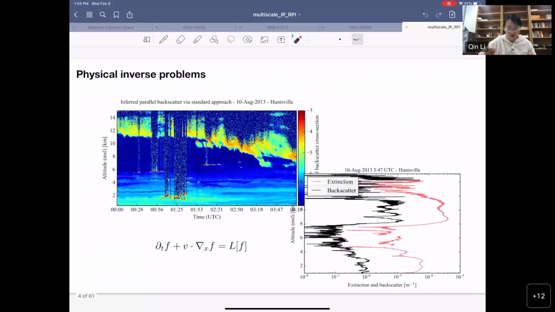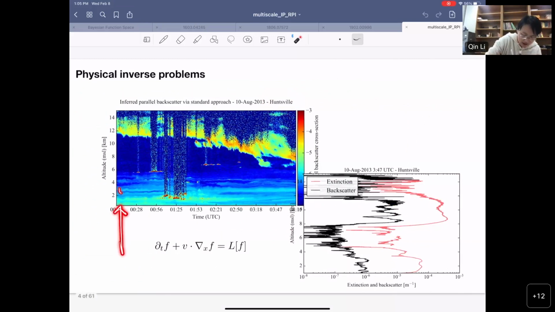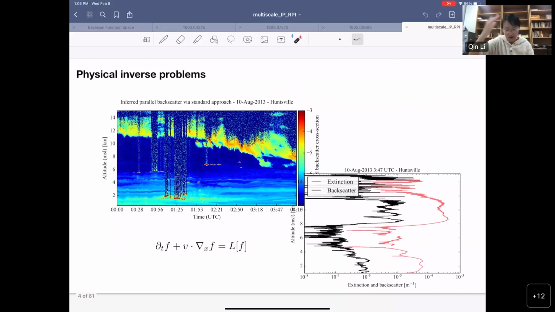Okay. So inverse problems are really ubiquitous. This picture is taken about a 20 minute drive from Madison, in a city called Huntsville. What they do is send laser light into the sky and count how much time it takes for the laser beam to come back to the Earth.